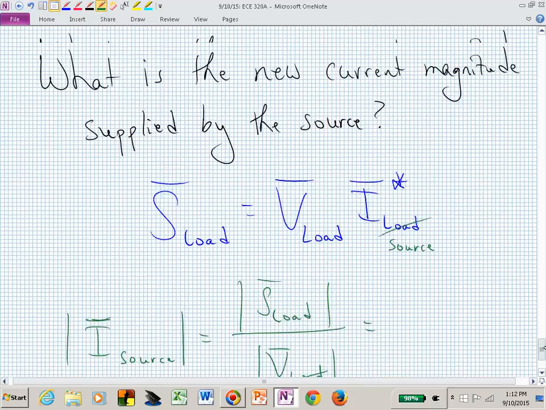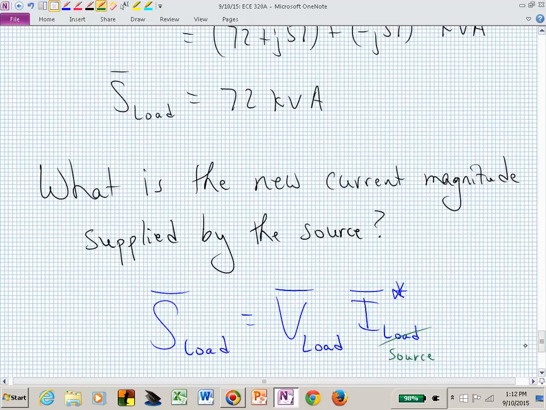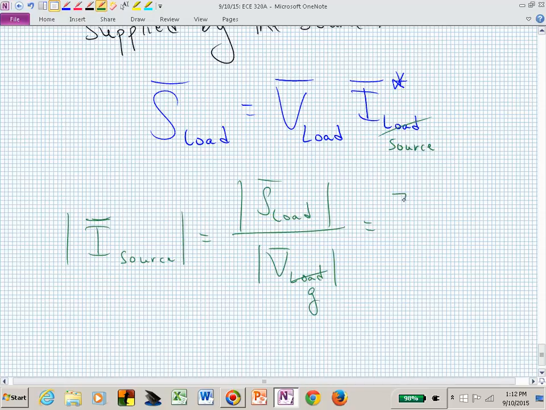We just wrote down that the complex power, the apparent power of our load, is 72 kVA. We're still supplying that with 500 volts, and this now becomes 144 amps.